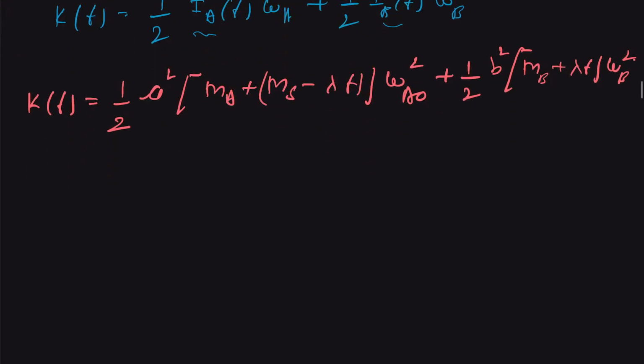And we already know that our omega B is equal to A square omega A naught upon B square, and this comes as a lambda of t times mass of B plus lambda t.